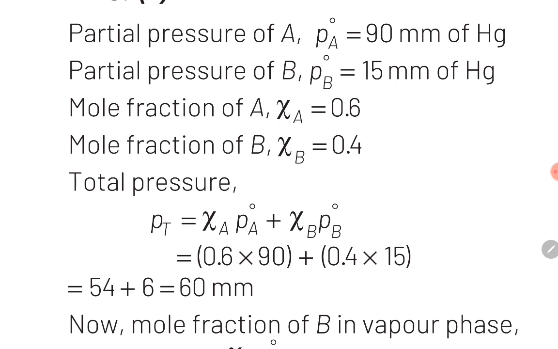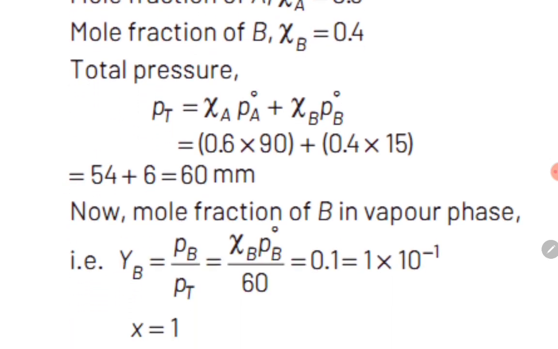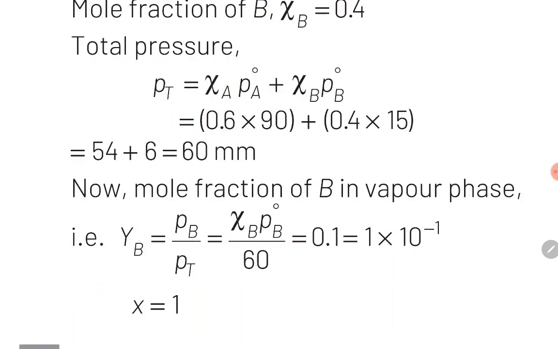Guys, after substituting the values, we'll obtain the value of total vapor pressure as 60 mm of Hg.